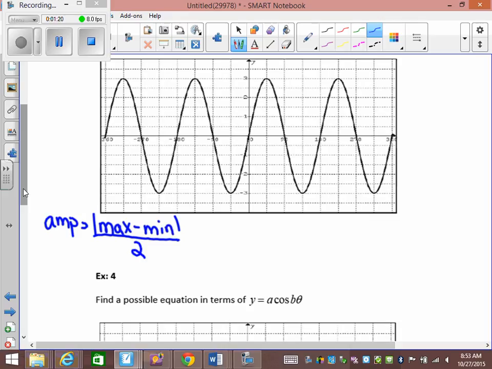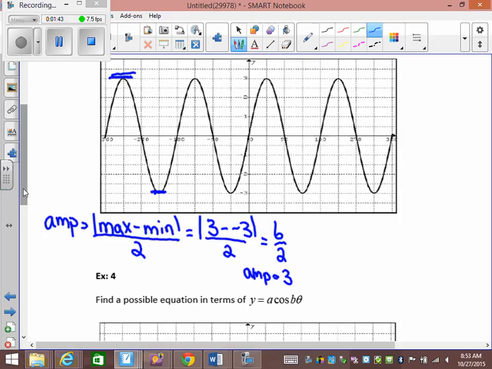So the maximum of my graph is, I'm not sure, 3, and the minimum is negative 3. So I'm going to go absolute value of 3 minus negative 3 divided by 2, which is 6 over 2. My amplitude then is 3.